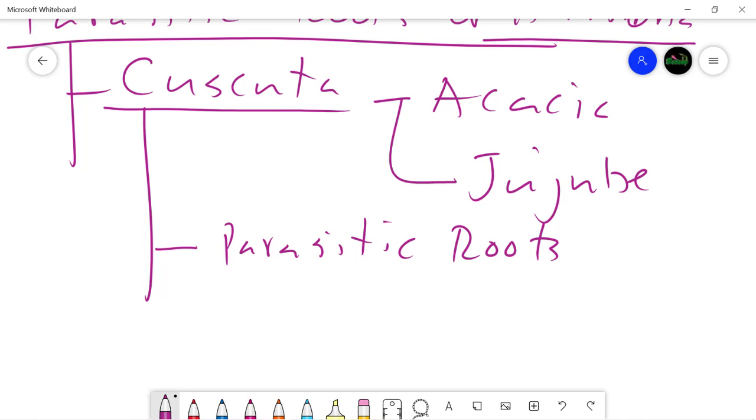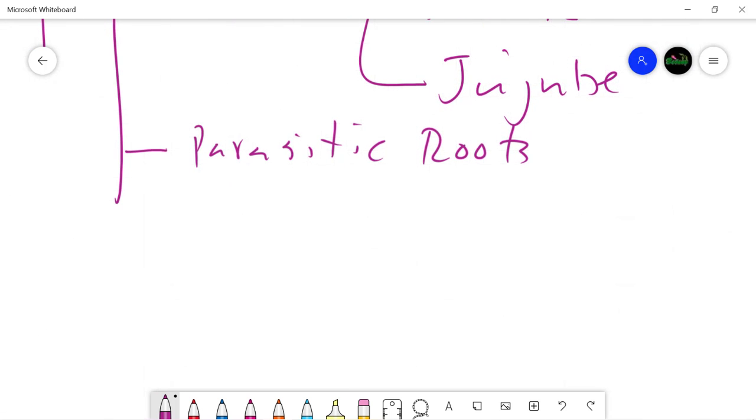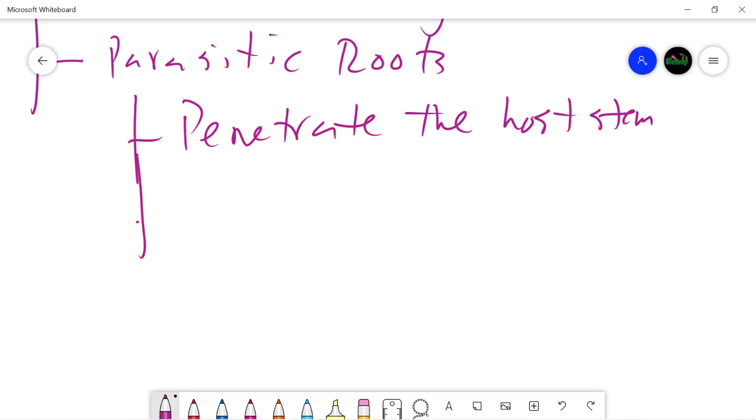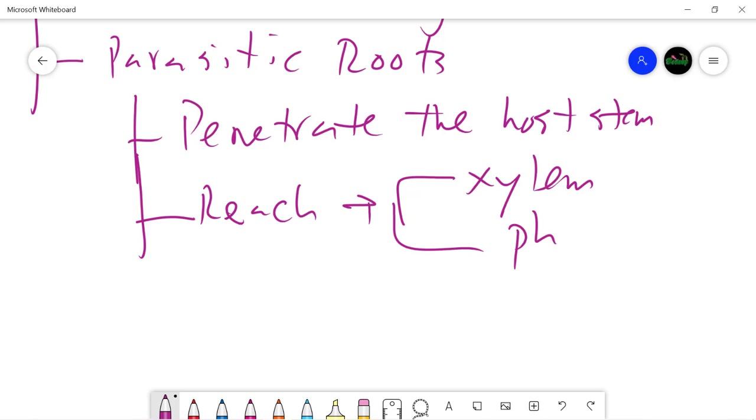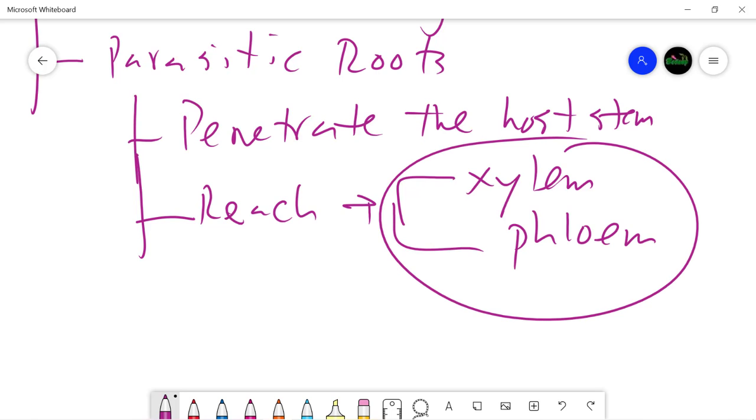So these parasitic roots are adventitious roots, and as their name indicates, they penetrate the host stem, and after penetrating they reach the conducting tissues, that is xylem and phloem of the host. And obviously you get the idea that when these roots penetrate up to xylem and phloem, they get what they want: water and minerals from the xylem and food from the phloem.